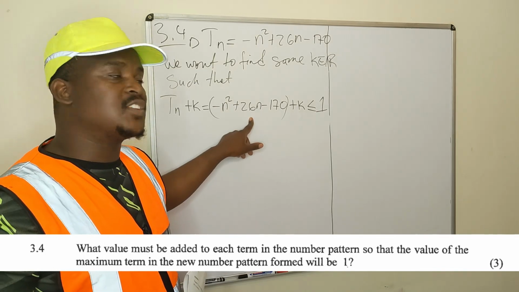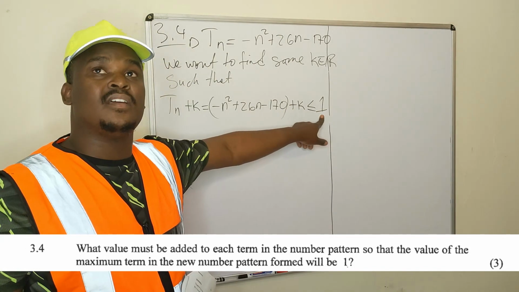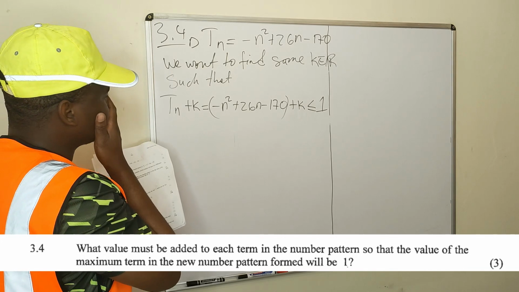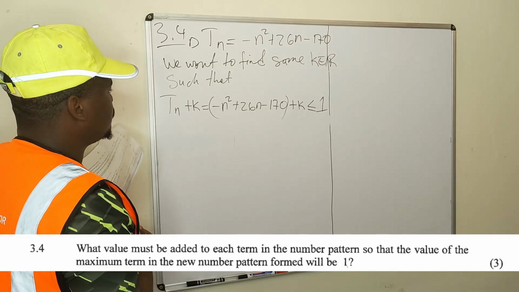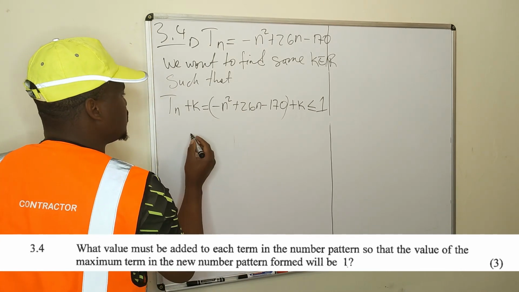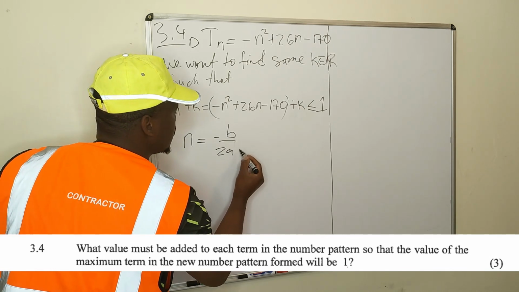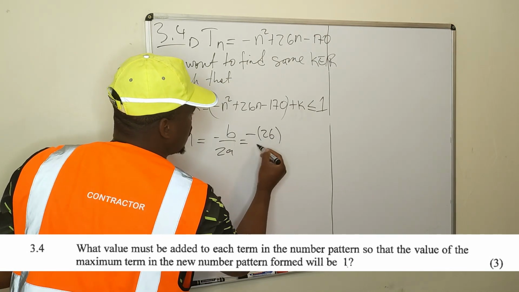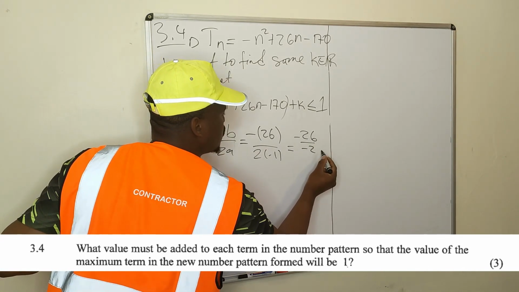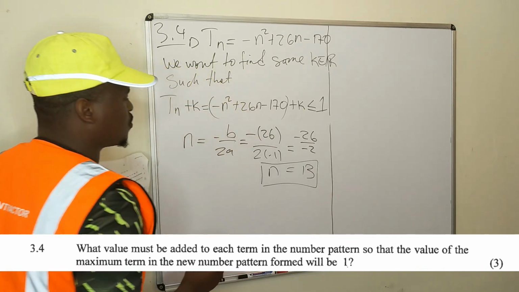So find the maximum of this one and find what the value of k should be in order to obtain 1. To find the maximum, first find the position of it. So n coordinate is negative b over 2a, negative 26 over 2 times negative 1. So we have minus 26 over negative 2. So this is 13. So the maximum is at this position, n is equal to 13.